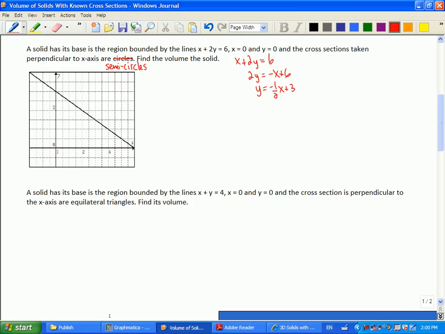Honestly, I don't know how to do these until I draw a really good picture of what's happening, and then I figure out what my integral is from the picture. So here I'm going to do my best to come up with a semicircle. It's perpendicular to the x-axis. So if I drew it here, there's one of my slices.